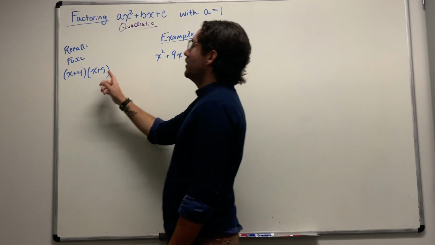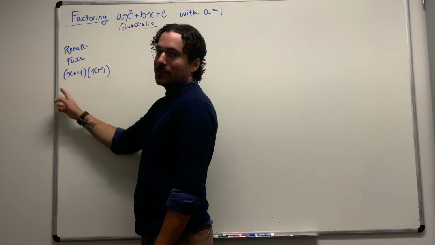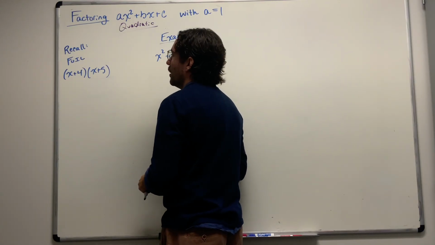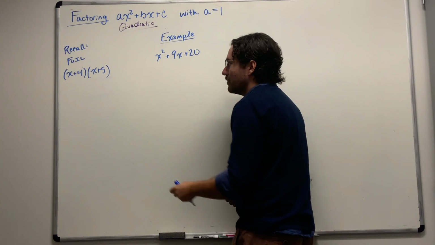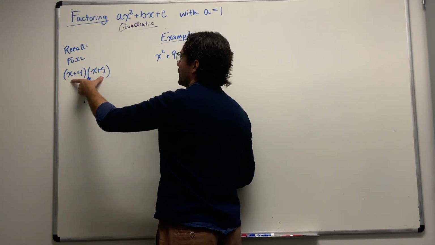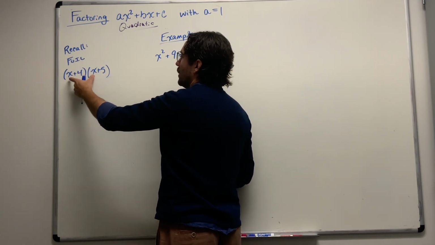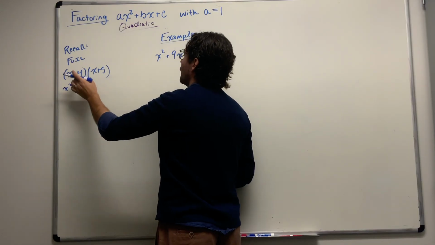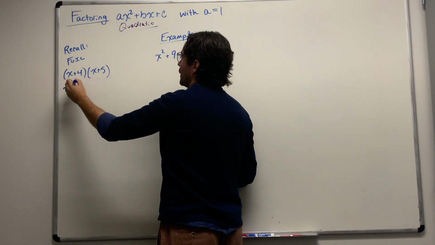Let's go back to that and recall how we would multiply such a thing out. x plus 4 times x plus 5. We did this before with foiling multiplication, where we multiply the first, outer, inner, and last. So first would be x times x. That gives me an x squared. Then my outer would be x times 5, so plus 5x.